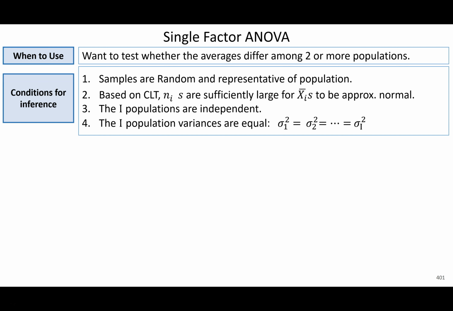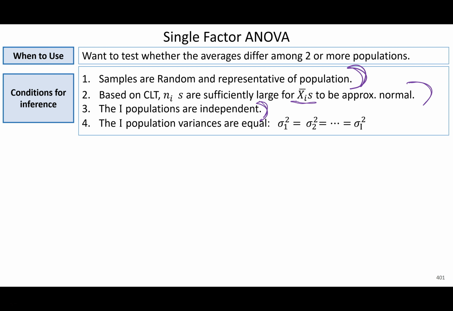So conditions, you're going to see that we want to have a representative sample. Absolutely, usually the easiest way to do that is to have a random sample. We want to know that our sample sizes will be large enough that we could count on the central limit theorem to kick in for the sampling distributions of x bar 1, x bar 2, x bar 3, and x bar 4, because we have 4 populations here.